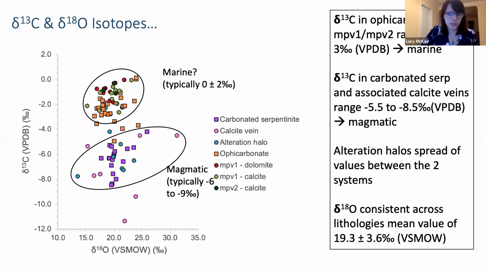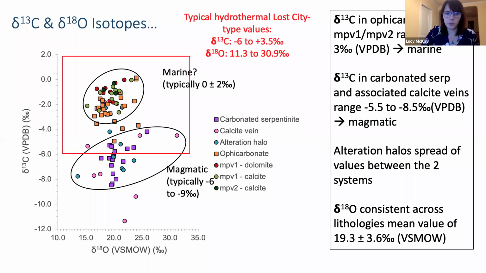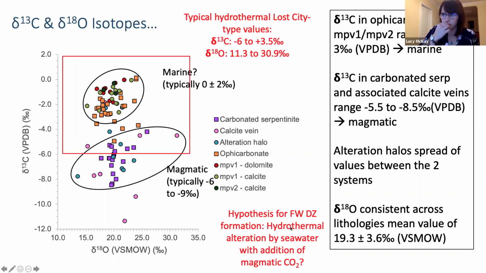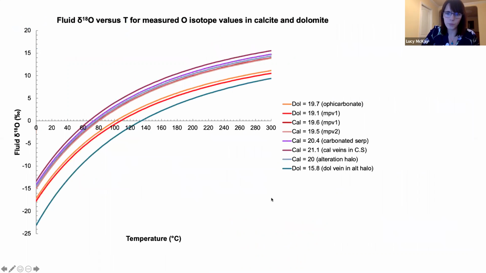formed differently, and it's quite similar to typical hydrothermal Lost City type environments. So one hypothesis for this damage zone in the Highland Border ophiolite at Stonehaven is that it formed from hydrothermal alteration by seawater with the addition of magmatic CO2.